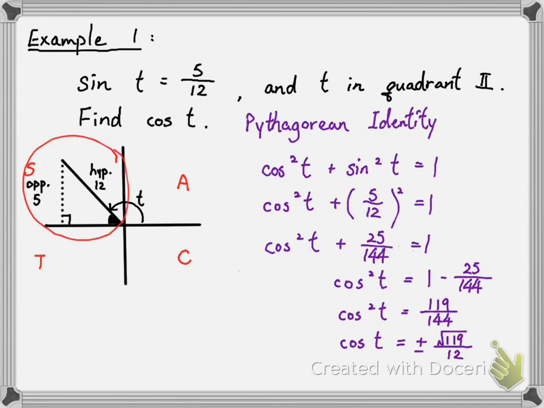In the second quadrant, we find that we have the letter S. That means only the sine function and its reciprocal are positive. The rest of the functions are negative. Therefore, we know that the final answer is cosine t equals negative square root of 119 over 12.